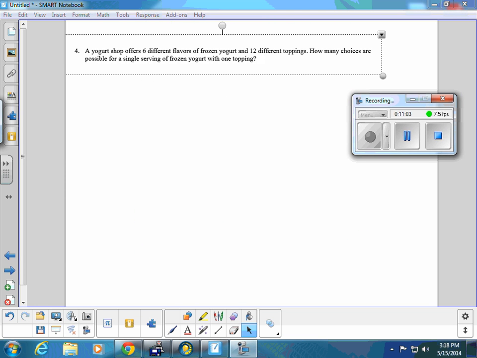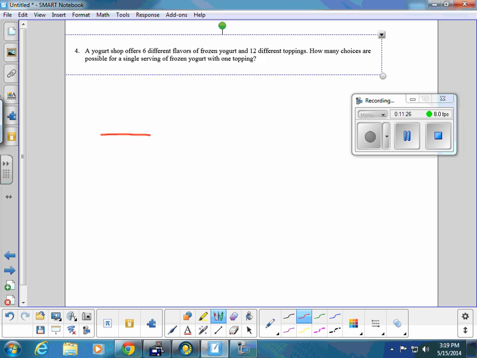A yogurt shop offers 6 different flavors of frozen yogurt and 12 toppings. How many choices are possible for a yogurt with 1 topping? Okay, so this is a basic counting principle question.